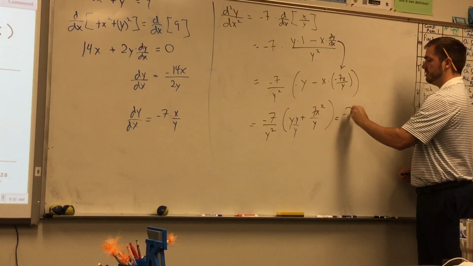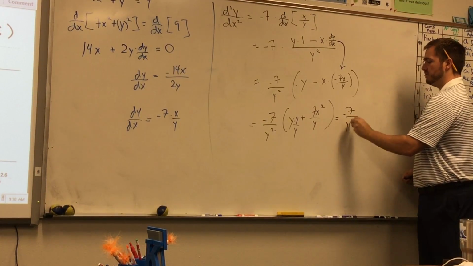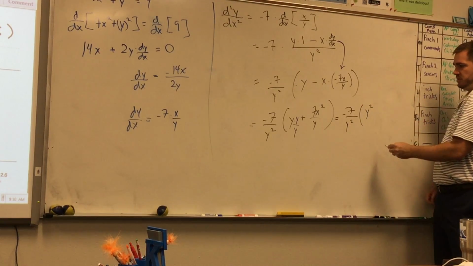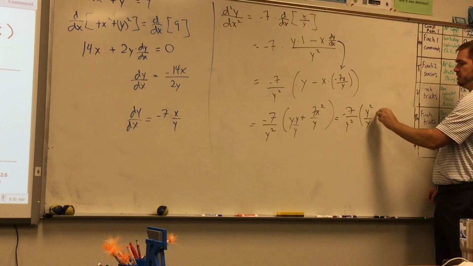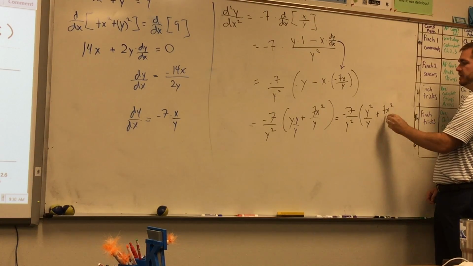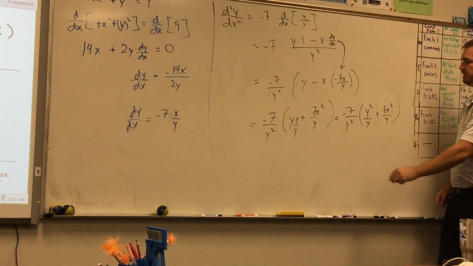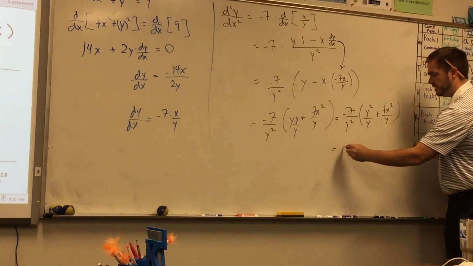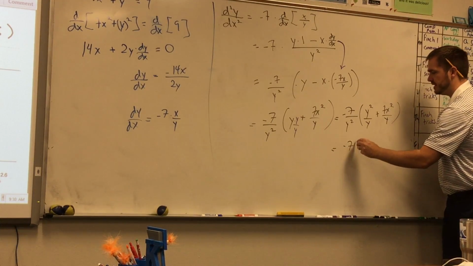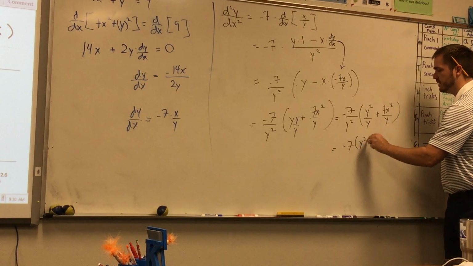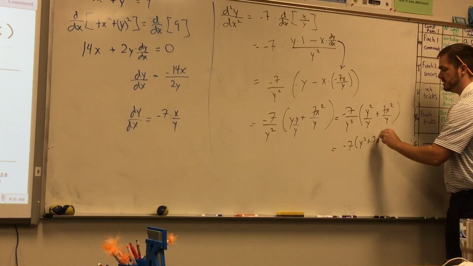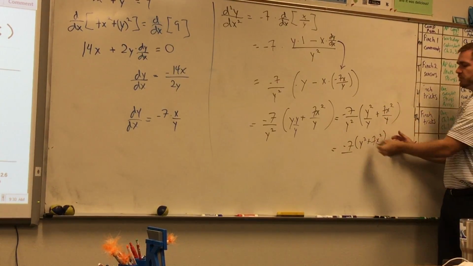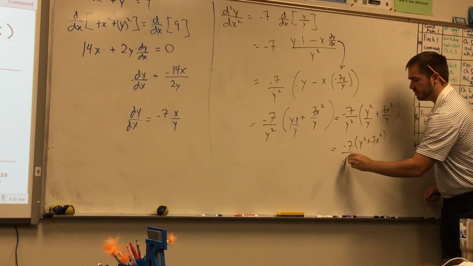So that's going to give me -7 over y squared times y squared over y plus 7x squared over y. So that's -7 times y squared plus 7x squared, all over y cubed.